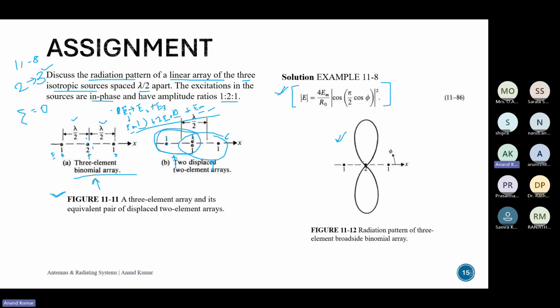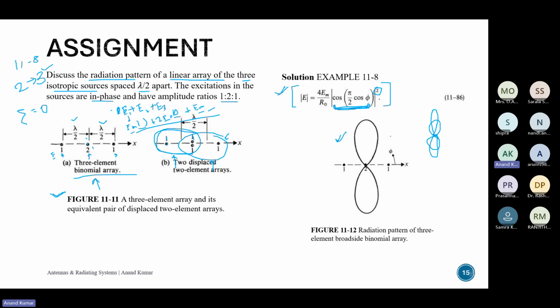The pattern would look something like this. This is for the previous problem. This was only the pattern function that we got, and now this becomes just squared. The earlier one looked something like this, and if you square this particular function, it just becomes taller like this.